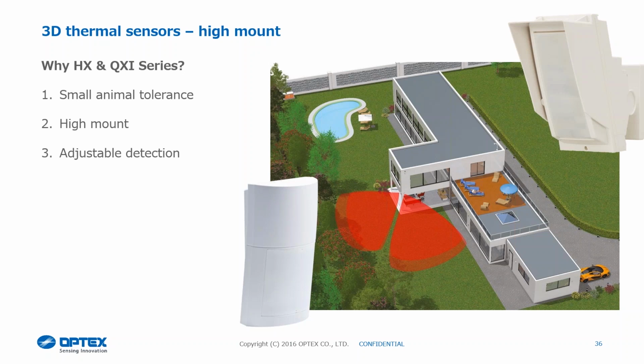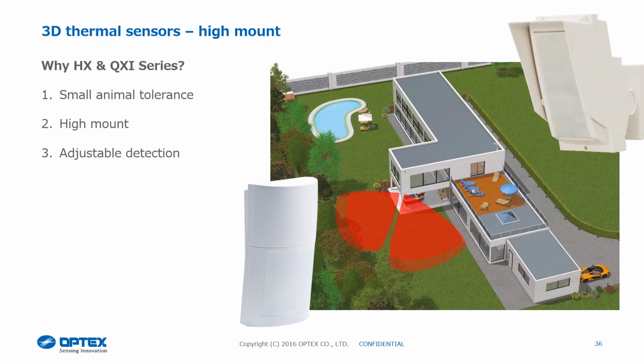Wide angle, 90 degree. The benefit with these, because of the optics and the way that they're laid out, is that we have small animal tolerance, so you can have those 5 or 6 rabbits running around, you can have cats and dogs walking around, and you're not going to get false alarms with these. So these are ideal for fill-in, used on a lot of residential applications, but also on a lot of commercial applications, even the larger commercial applications where you get those little fill-in areas that you need to cover.